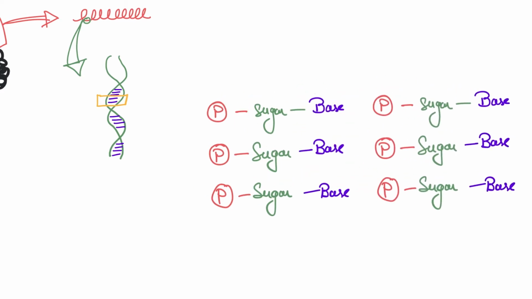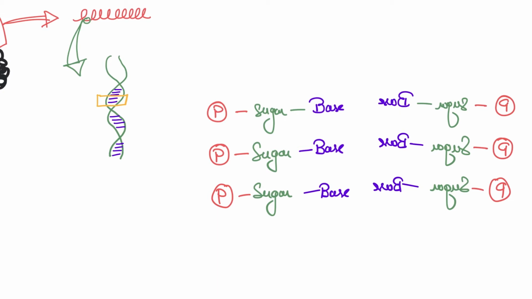So let me just copy the same three deoxyribonucleotides on the other side as well, so that there are two sequences of deoxyribonucleotides which are linked with each other, but they must be placed in the opposite direction. So that is why I've inverted them, to give you an idea that they are placed in opposite directions. That is why you call your DNA anti-parallel, right? Because they're placed in opposite directions and there are hydrogen bonds in between them.